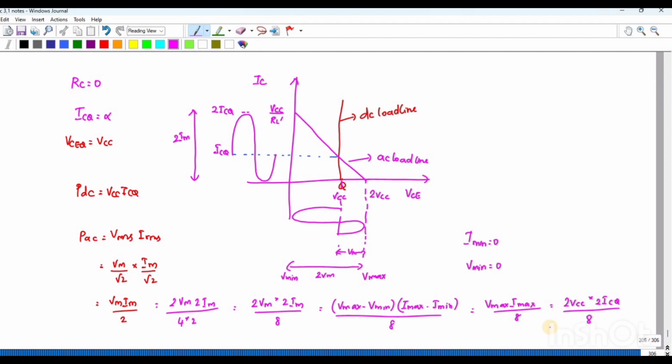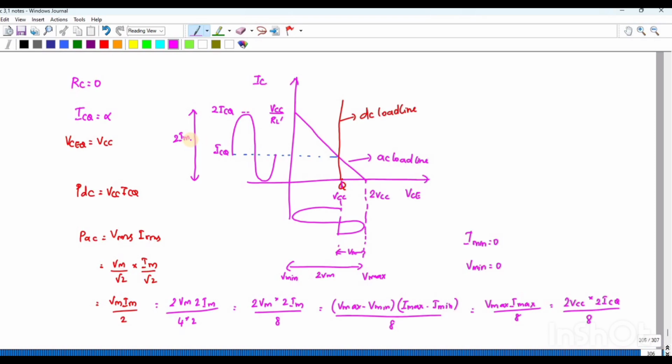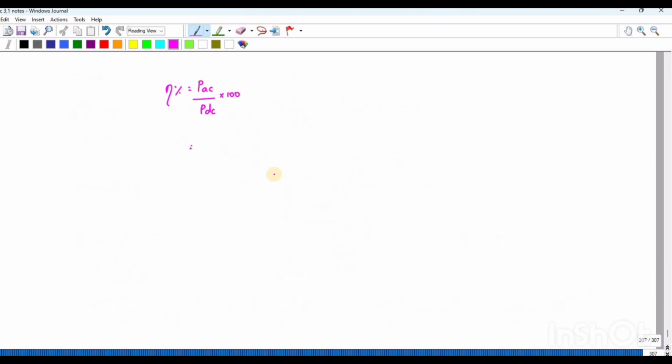So you substitute. Efficiency is nothing but PAC divided by PDC into 100, where PAC is VCC ICQ divided by 2, and PDC is VCC into ICQ, into 100.